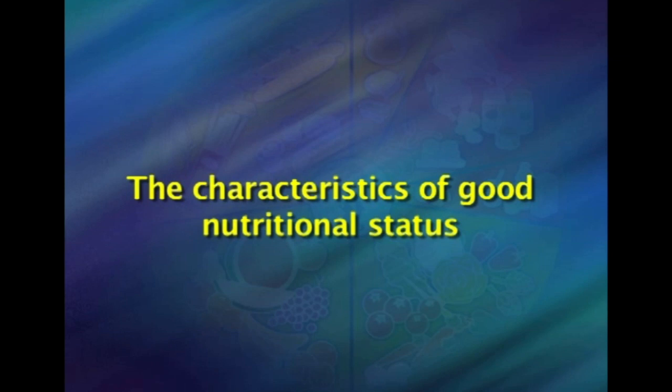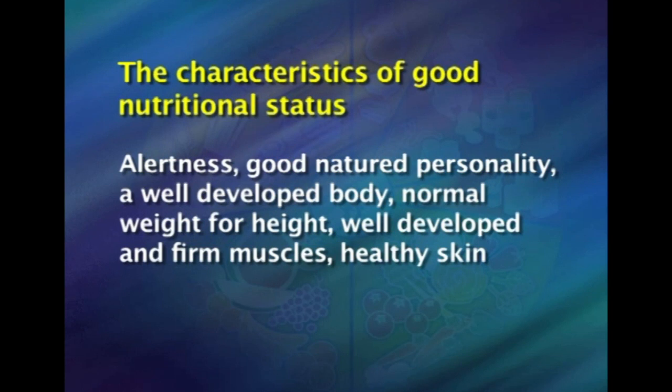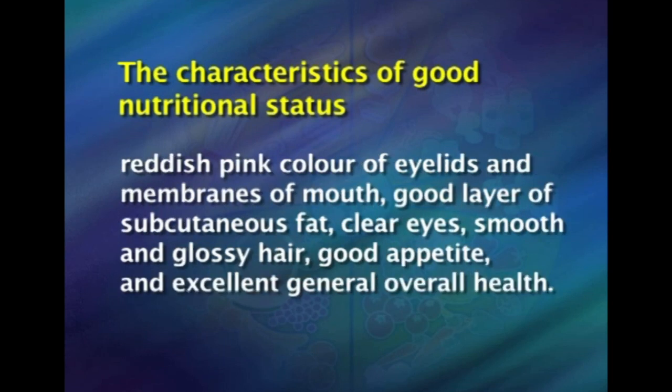The characteristics of good nutritional status are alertness, good-natured personality, a well-developed body, normal weight for height, well-developed and firm muscles, healthy skin, pink color of eyelids, good subcutaneous fat, clear eyes, smooth and glossy hair, good appetite, and excellent general overall health.